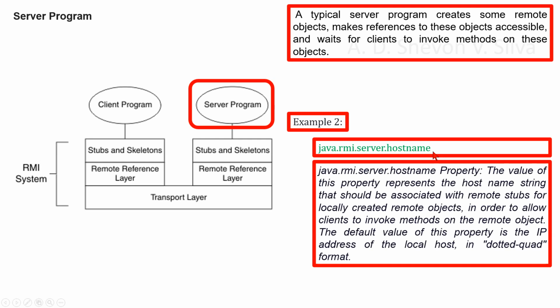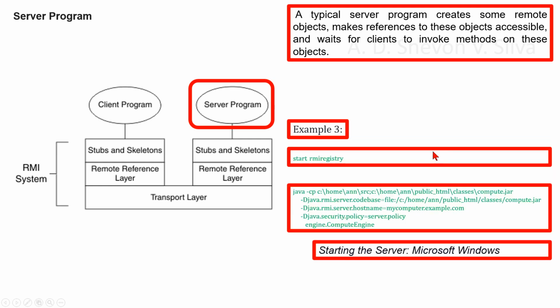In order to allow clients to invoke methods on the remote object, the default value of this property is the IP address of the local host in dotted quad format.